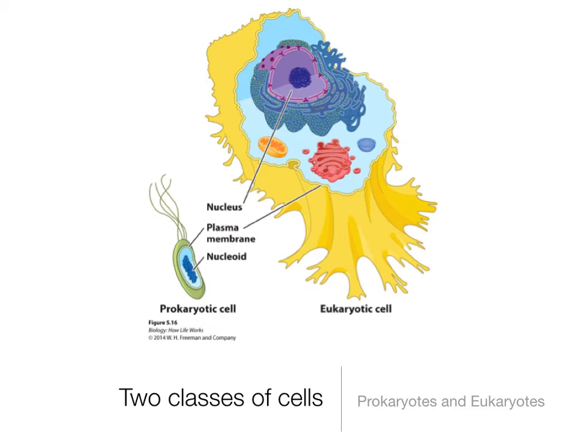Prokaryotic cells are extremely small compared to eukaryotic cells, and the second main difference is that eukaryotic cells have internal compartments that are separated from the rest by membranes. So they have what we call membrane-bound compartments. In contrast, prokaryotic cells don't have this.